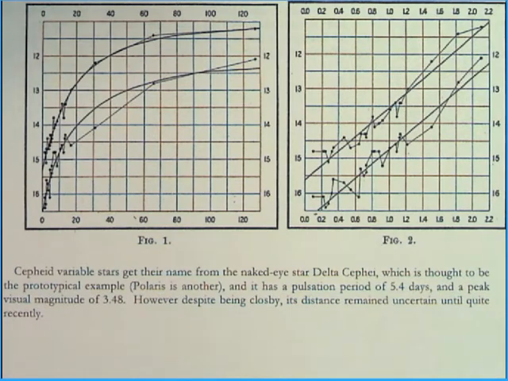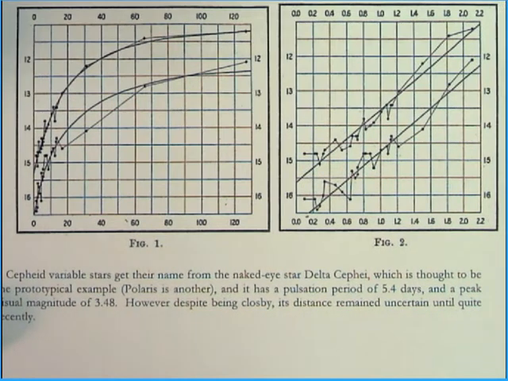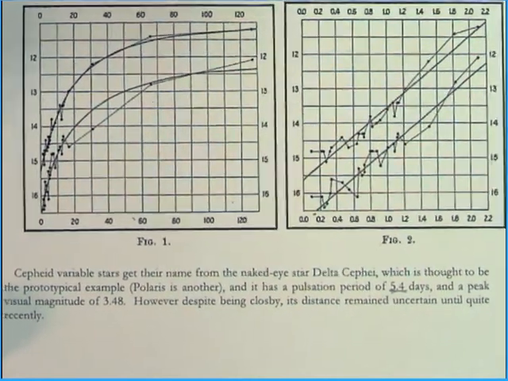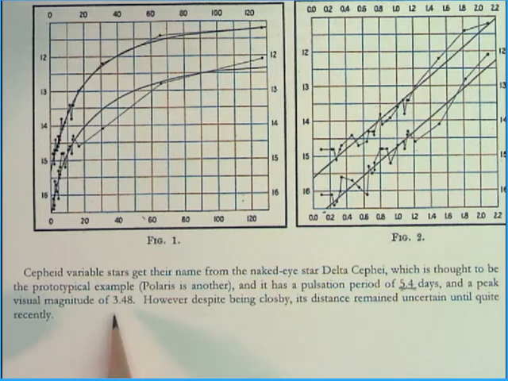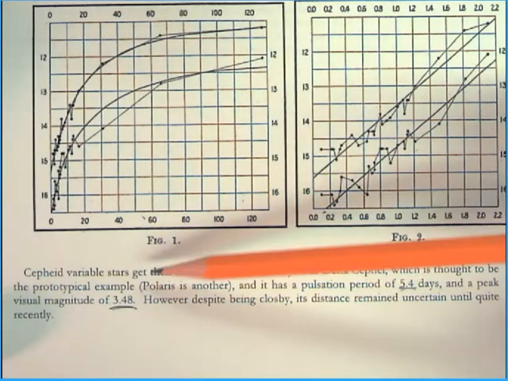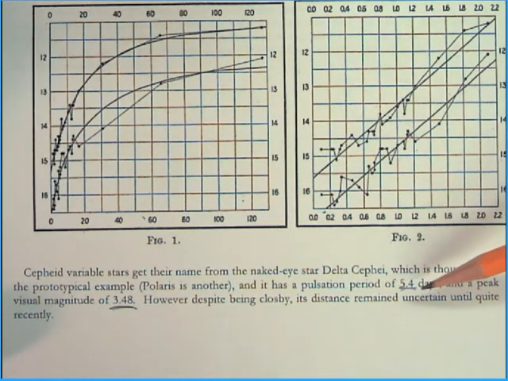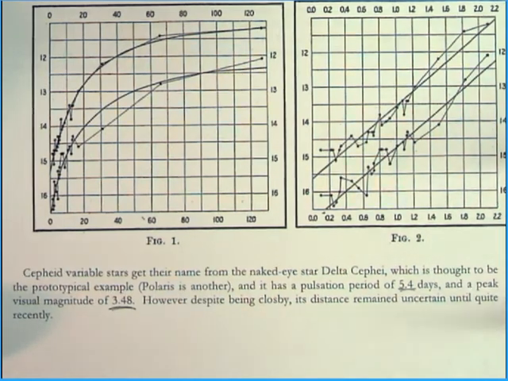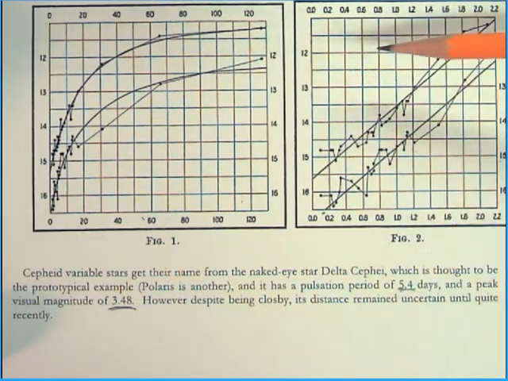Okay, going back to Leavitt's graphs, we can see below here that the pulsation period of Delta Cephei is 5.4 days, and it has a peak visual magnitude of 3.48. Of these two things, which one would be the same if Delta Cephei were in the Small Magellanic Cloud rather than where it is?